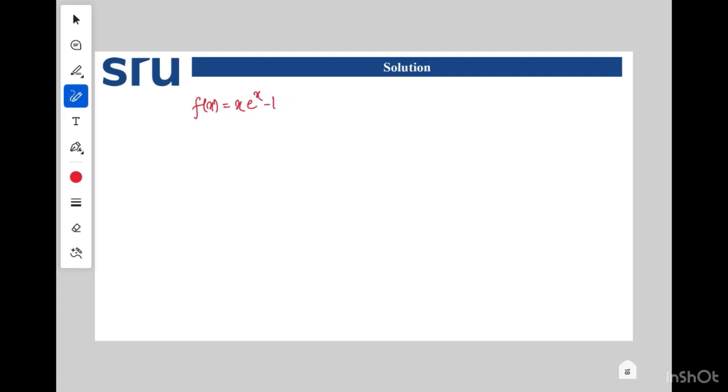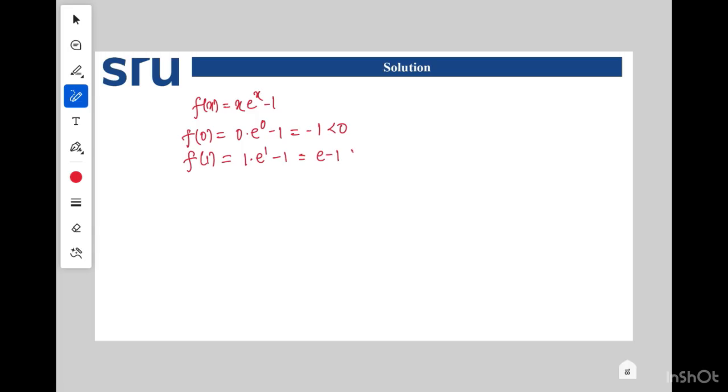So let us put x equal to 0. Then f(0) equals 0 into e to the power 0 minus 1, and e to the power 0 equals 1, so this is equal to minus 1, which is a negative quantity. And if we put x equal to 1, then we have 1 into e to the power 1 minus 1, which is equal to e minus 1.